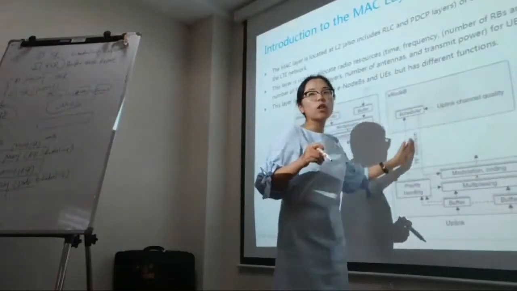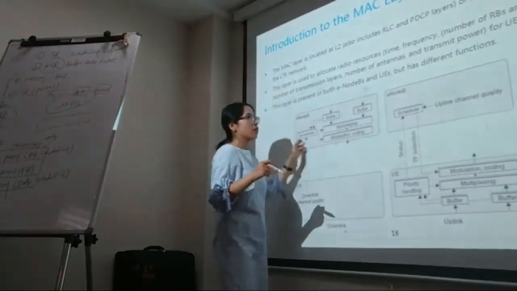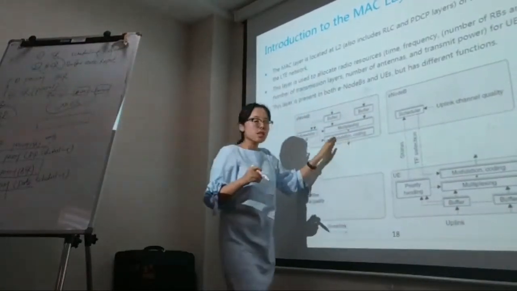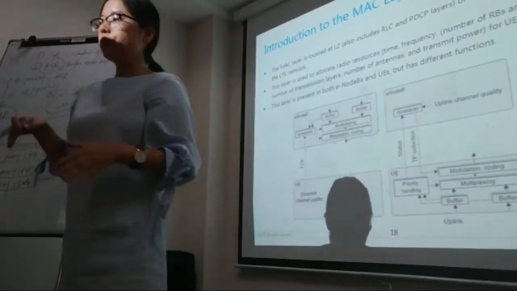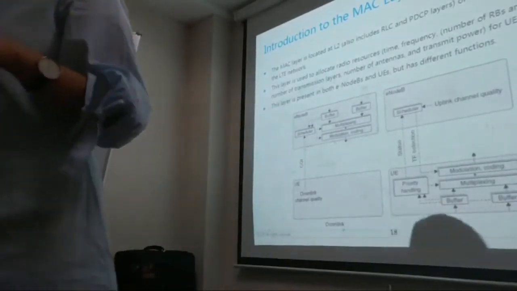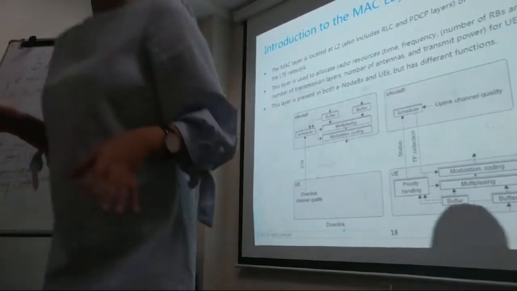This is the modulation and coding part, right? This is for the uplink. It is the same for the downlink. The scheduler is implemented by the eNodeB. Actually, different manufacturers may have different algorithms, because each manufacturer implements this by itself, so they may use different methods.